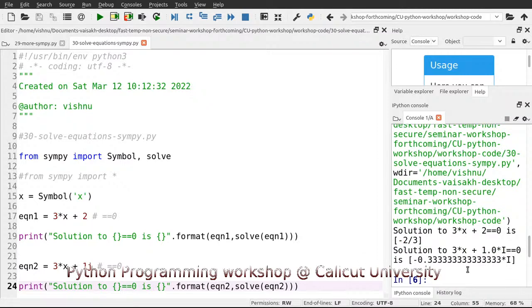But when we are moving to this complex domain, everything is evaluated as a decimal entity. The final solution is appearing as a decimal number.